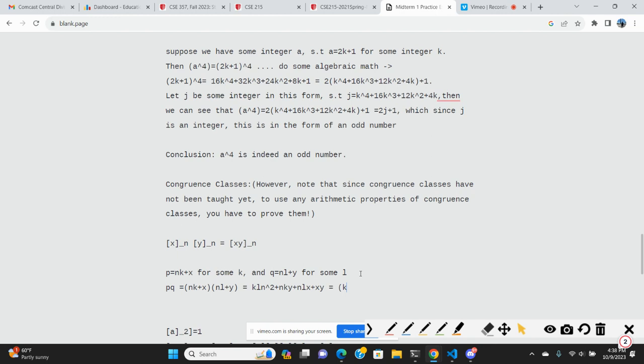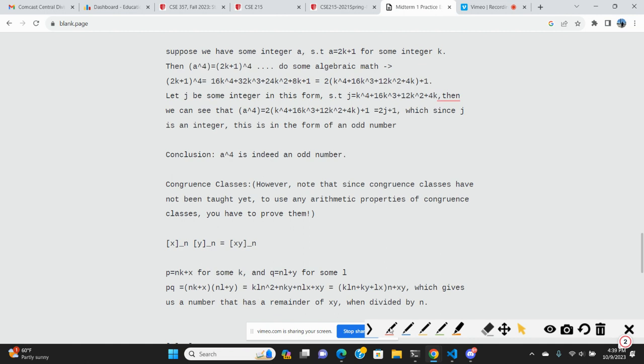This is (KLN plus KY plus LX) times N plus XY, which gives us a number that, since we have an integer times N with the remainder of XY, has a remainder of XY when divided by N.